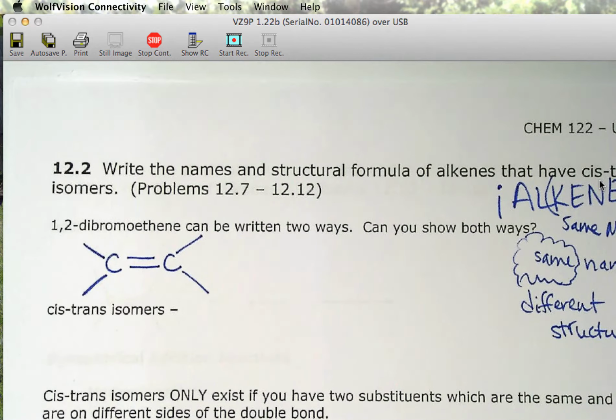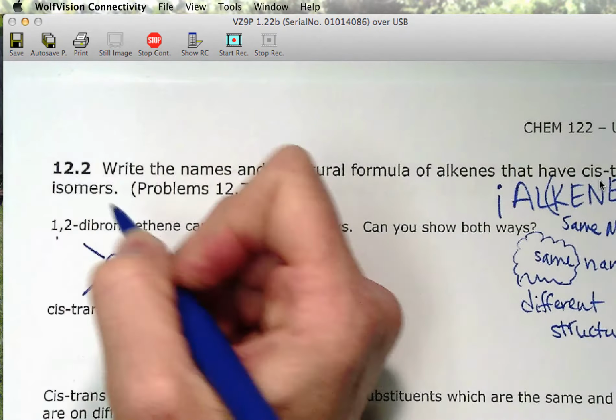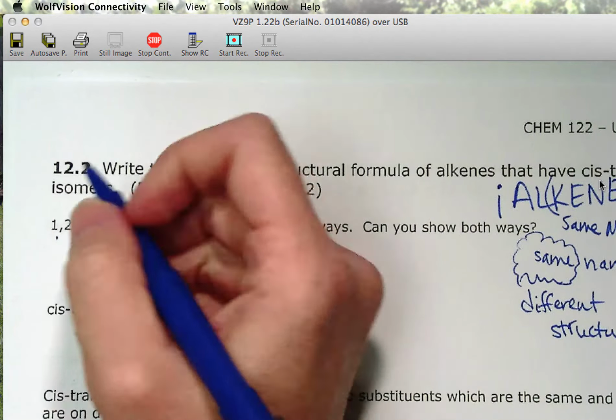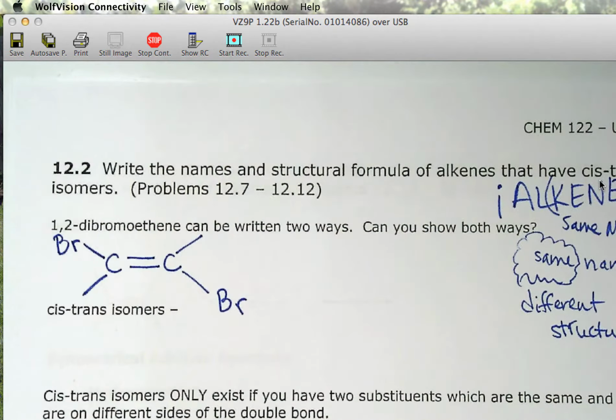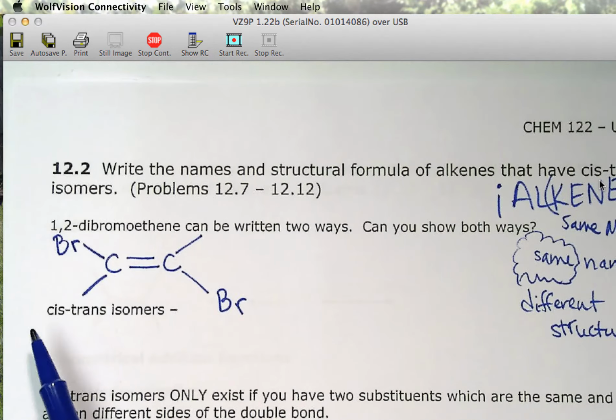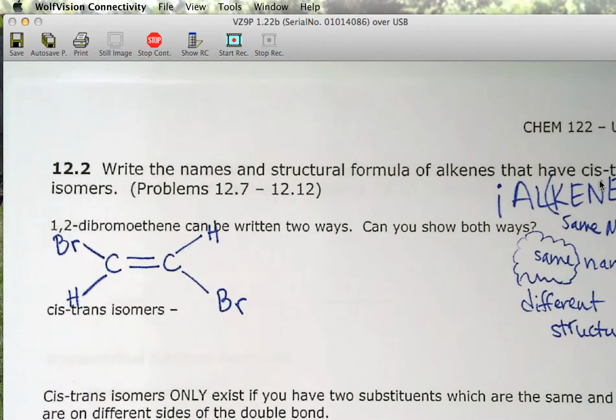Think of the structure as being drawn very explicitly to show the relationship of those bromo groups to each other, or whatever group you're talking about. So 1,2-dibromoethene, what's bromo? Br. Then you have the hydrogens off each carbon, other bonds.